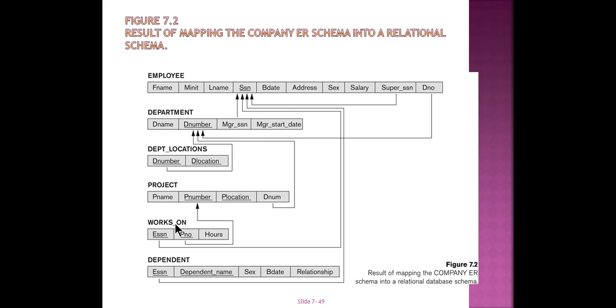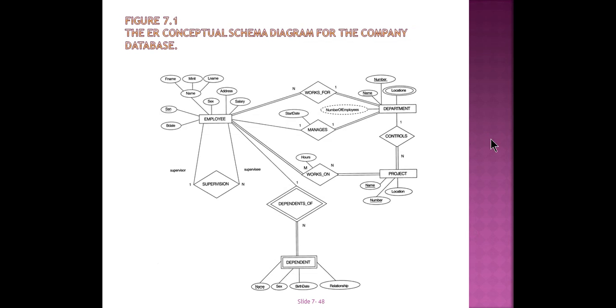Now, if any multi-valued attribute is there, for that you have to create a separate table which will include that multi-valued attribute and the primary key of that table. So in this case, location is the multi-valued attribute of department. So you create a separate table with a name.